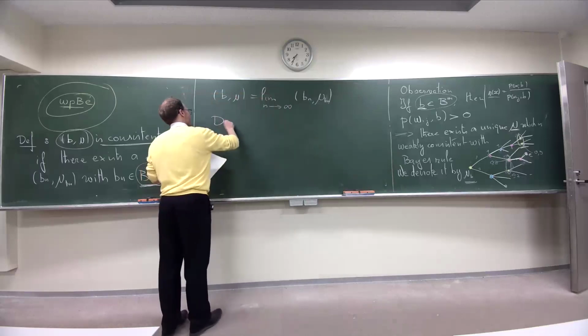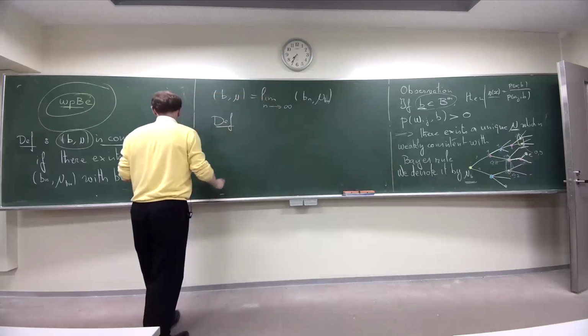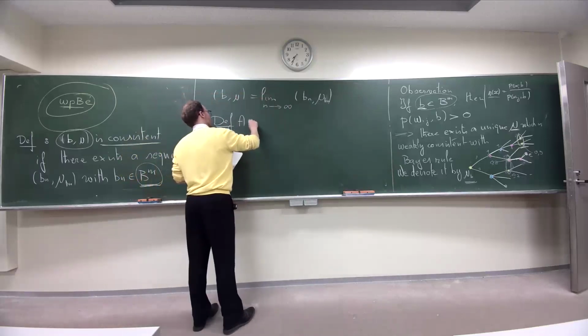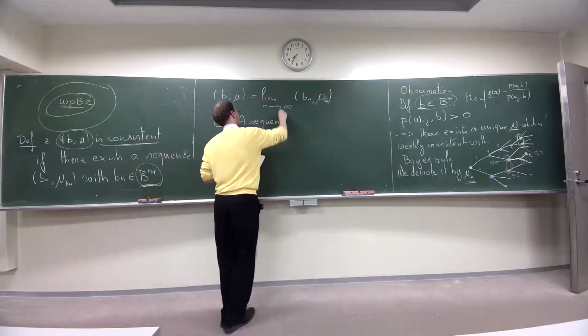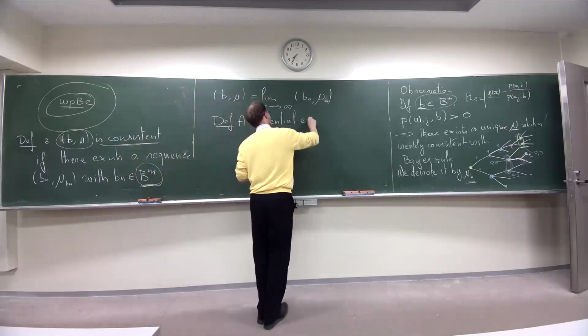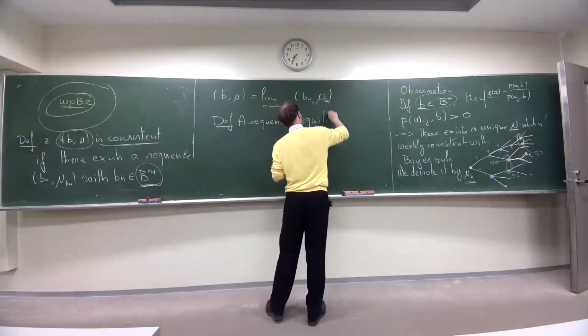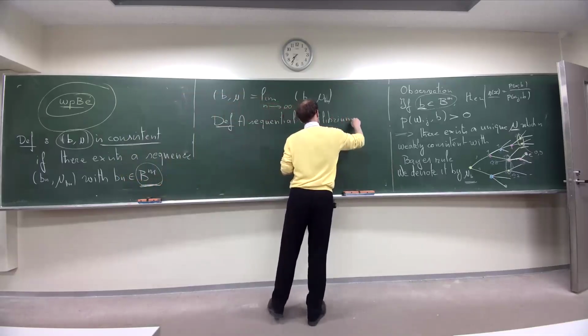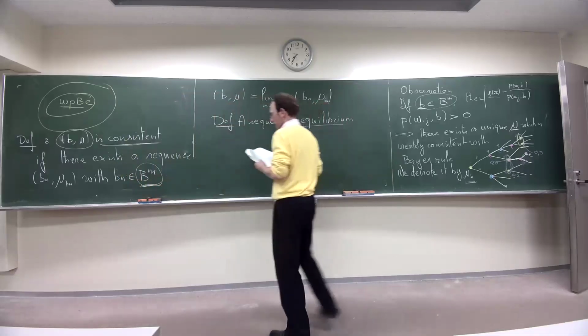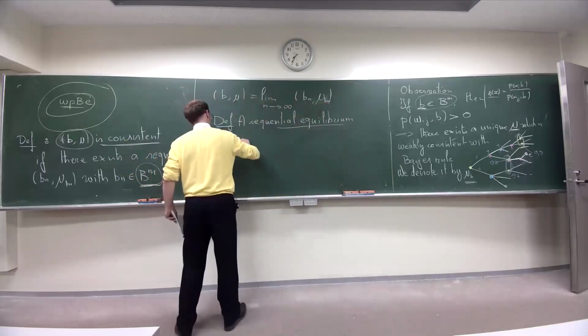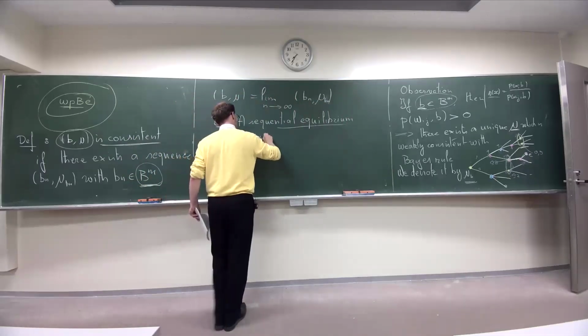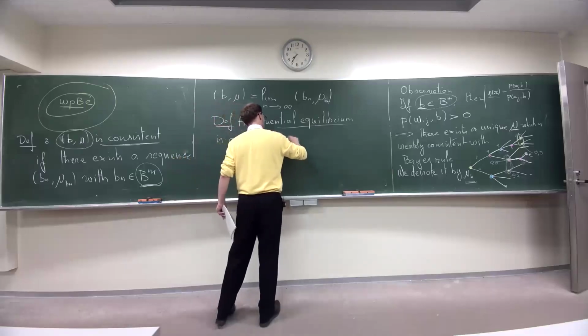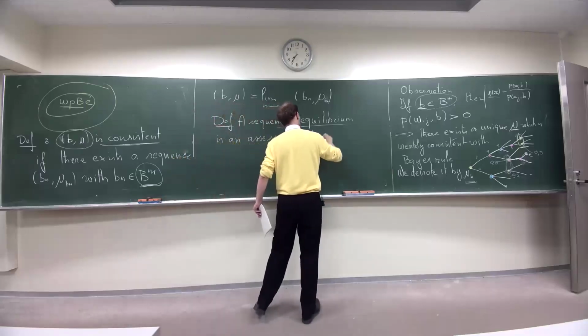And now the final definition, this is the last one: a sequential equilibrium is an assessment. So it's always a pair, because I told you we have this additional information.